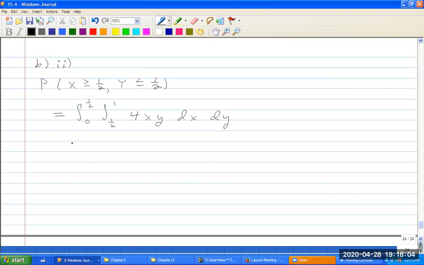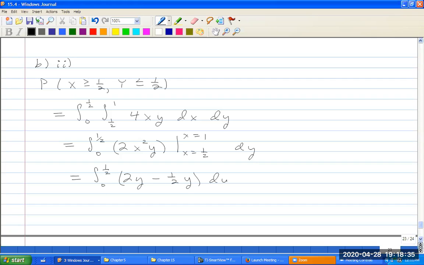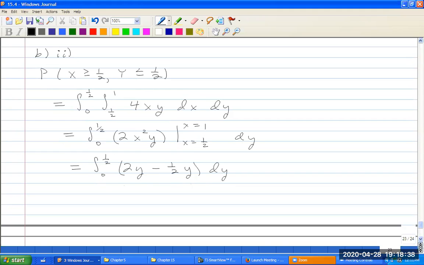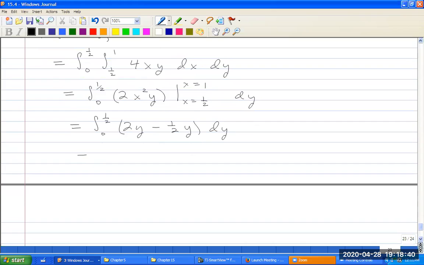Let's integrate this. So this is equal to the integral from 0 to 1/2 of 2x squared y between x equaling 1/2 and x equaling 1. Plug in 1, so you just get 2y. Plug in 1/2, and so you get 2/4, same thing. And so I get 3/2 y.